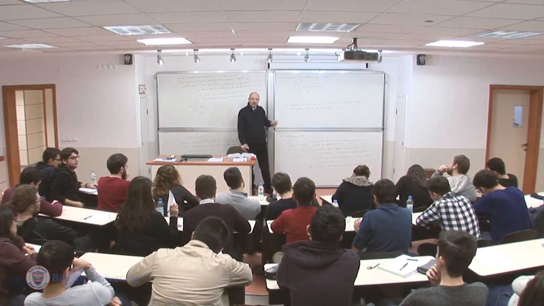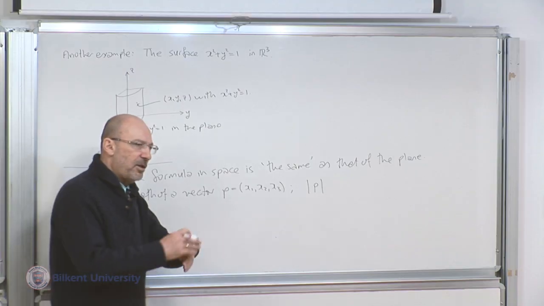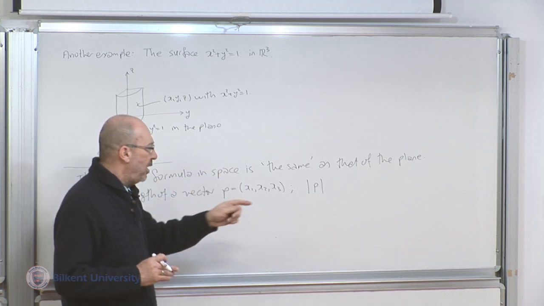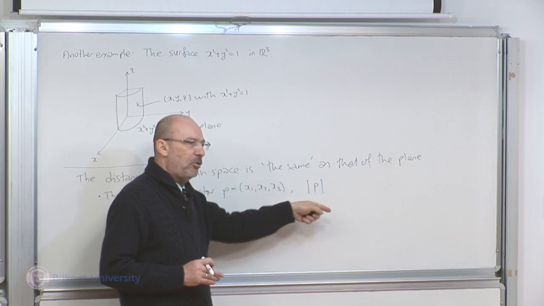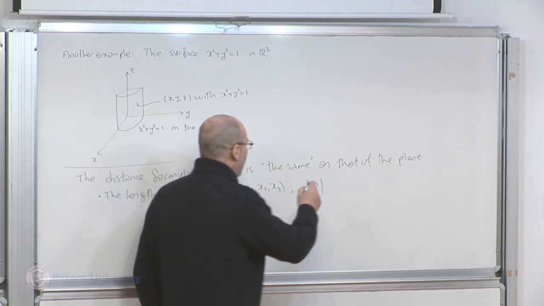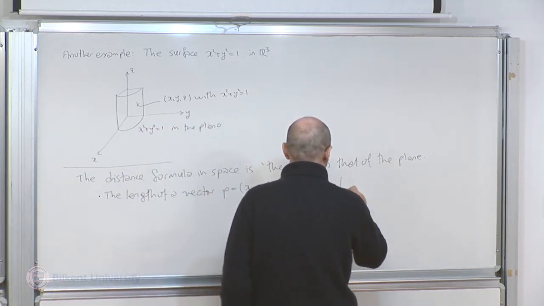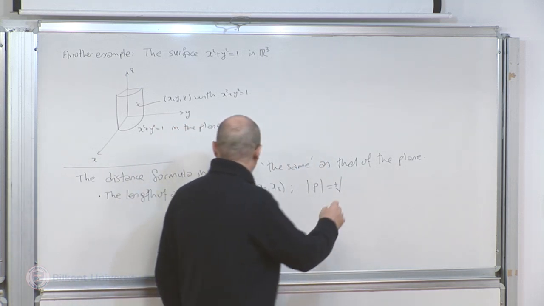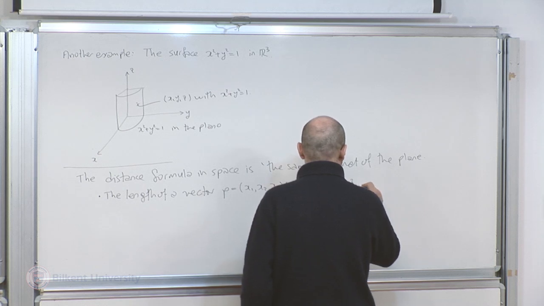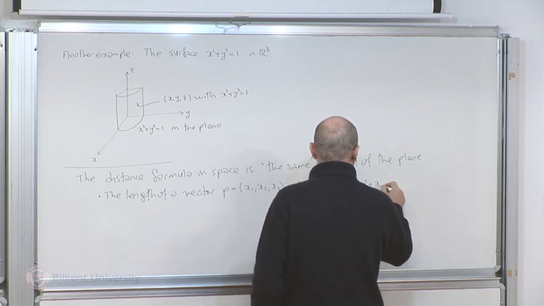The sign is a different property. Since the idea is the same, in higher dimensions, we use this. In some books, there will be two lines here, but we will not use it. So this is the positive square root. Let me emphasize that we take the positive square root of x1 squared plus x2 squared plus x3 squared.